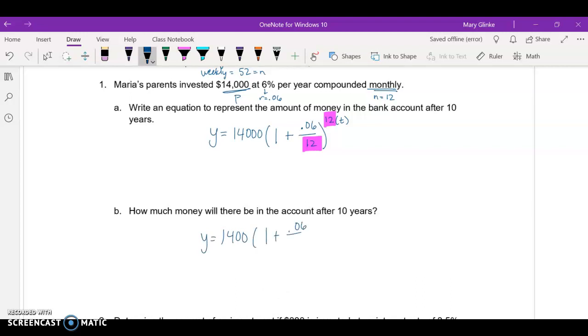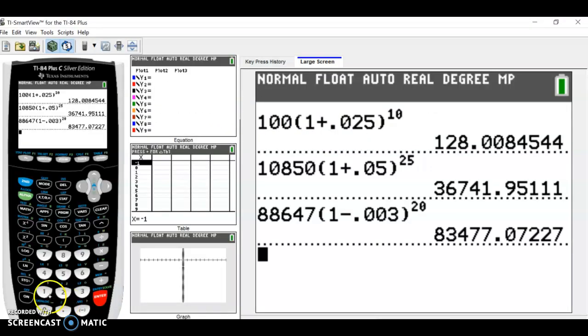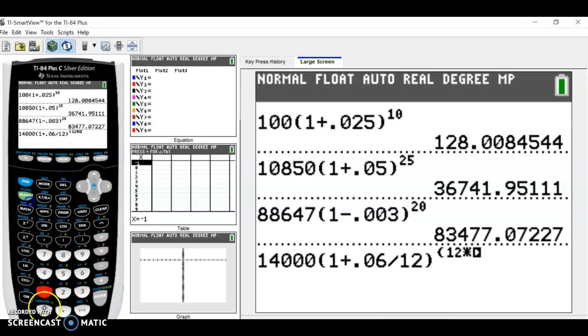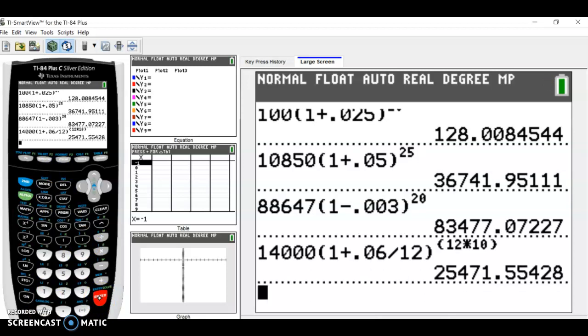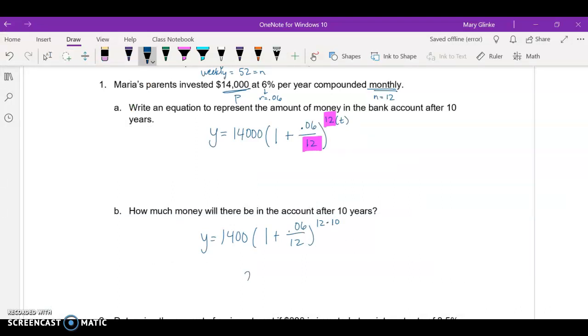So we're going to do 12 times 10 up as your exponent. So visually, we have 14,000, 1 plus 0.06 divided by 12, close your parentheses, to the, and I would put parentheses around this depending on which calculator you're using. You want to do 12 times 10 up there. So you can just type this all in at the same time and hit enter. When we do that, we get $25,471.55.